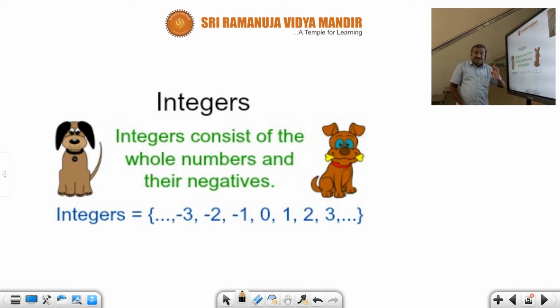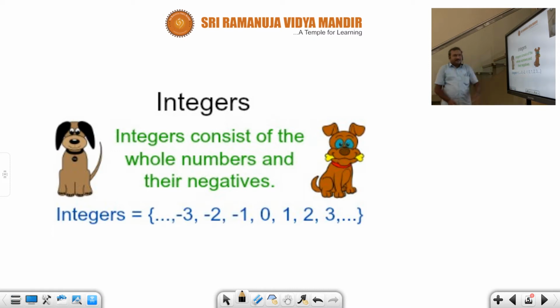Negatives of all counting numbers: 1 is a counting number, so its negative is -1. 2 is another counting number, its negative is -2. 3 is another counting number, its negative is -3, and so on.